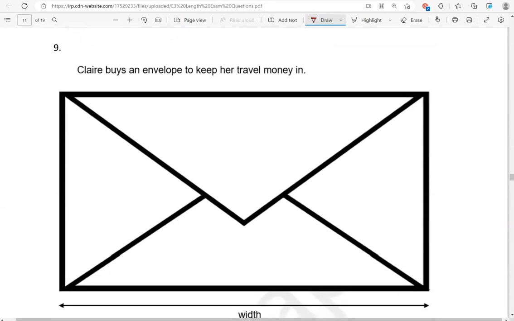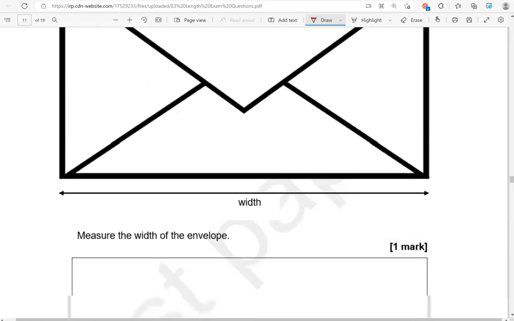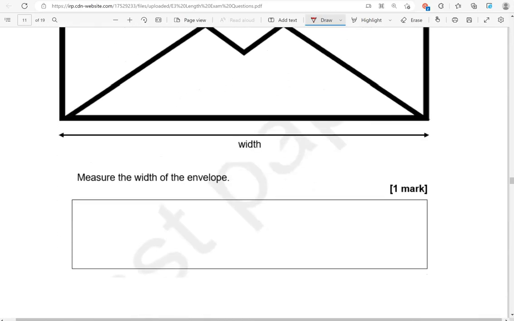Claire buys an envelope to keep her travel money in. Measure the width of the envelope. So for this question, you need to use a ruler to measure the width of the envelope, as long as you start from 0 and then read the measurement on the ruler from where the line stops, it should be absolutely fine.